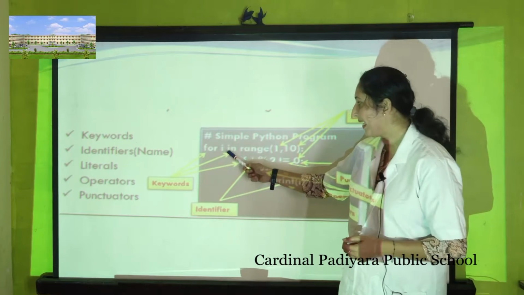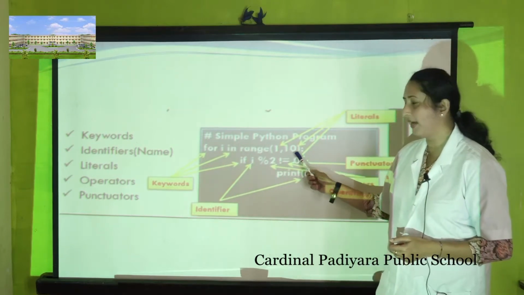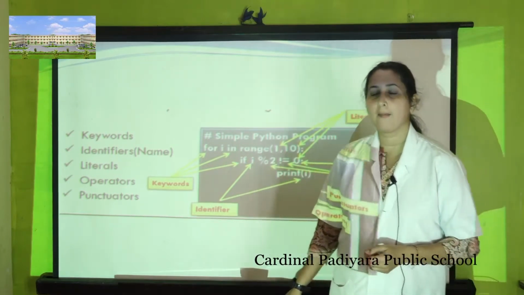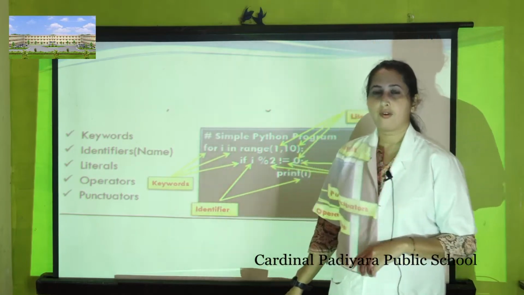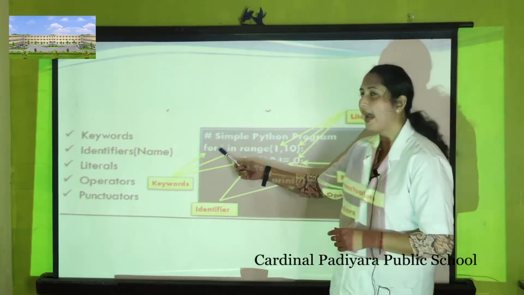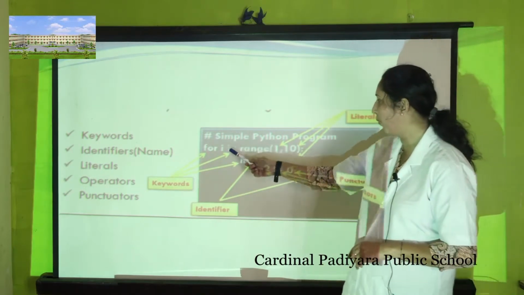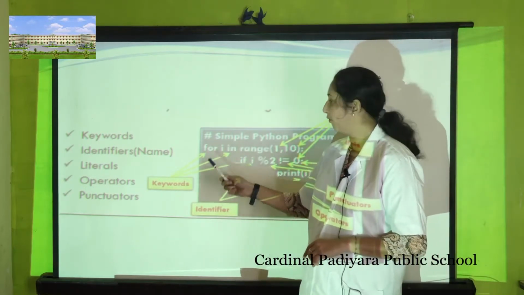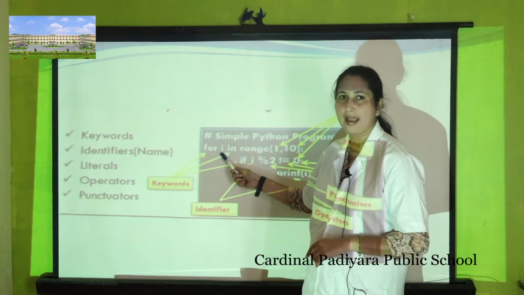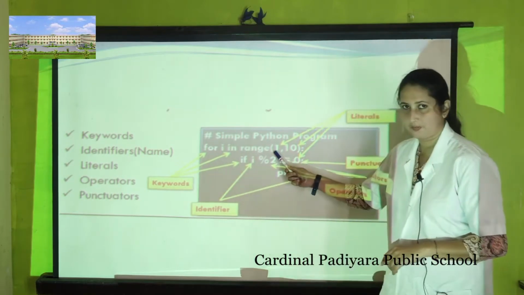For loop, i in range 1 to 10, means i's value comes from 1 up to 9, since the number of elements is 10 and you check n minus 1. For the first loop, i's value is 1.